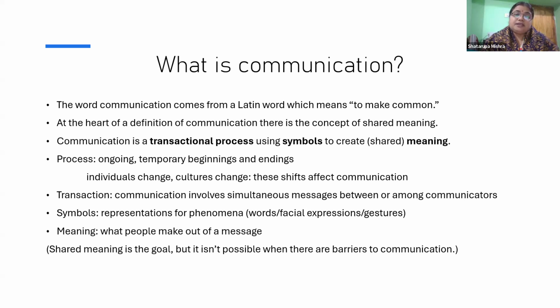When we call communication a process, we mean that it is ongoing. It is never complete. Though physically the communication is over when we stop talking to a person, the effect of that communication lasts. We think about what we said. The person we talk to might think about what we have said, and it goes on. That is why it is called a process.